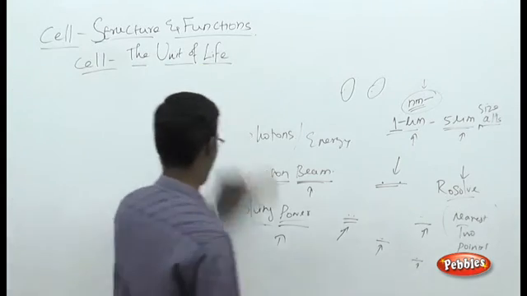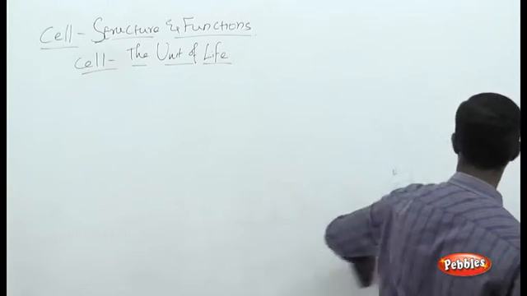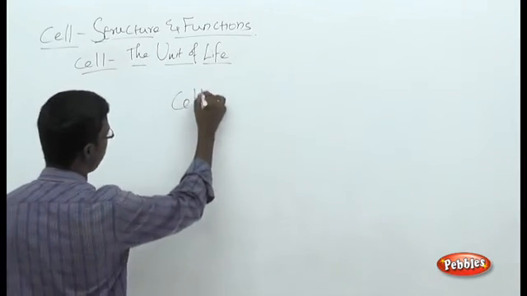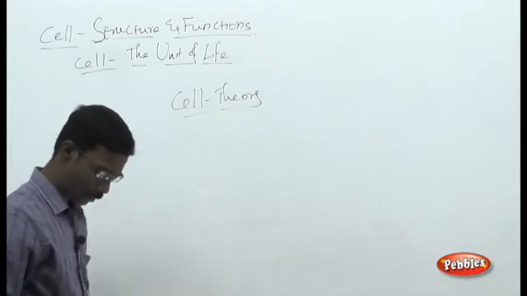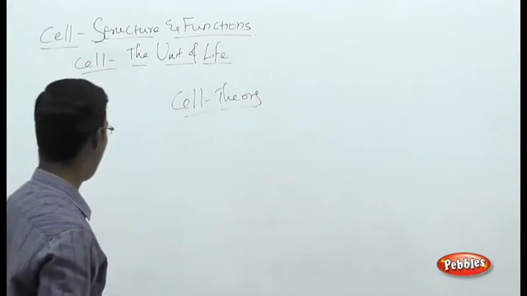Okay. And now we are going to enter the topic, the cell as a unit of life, and we are going to start with the cell theory. The cell theory explains why the cells are the basic units of the biological entities.